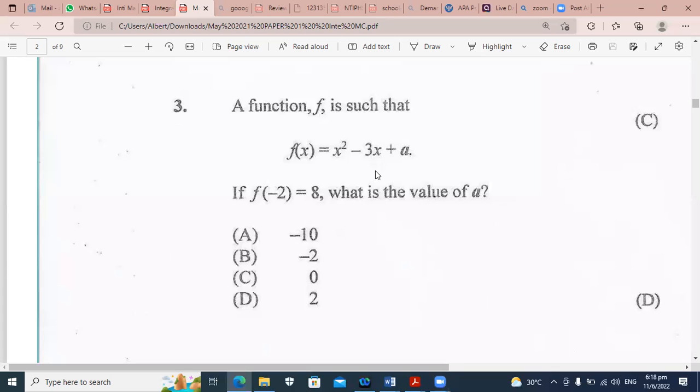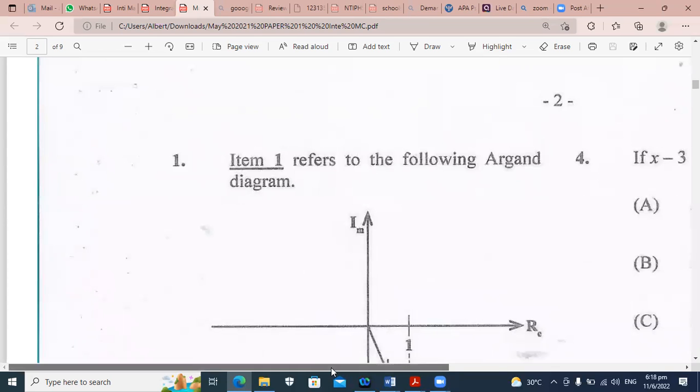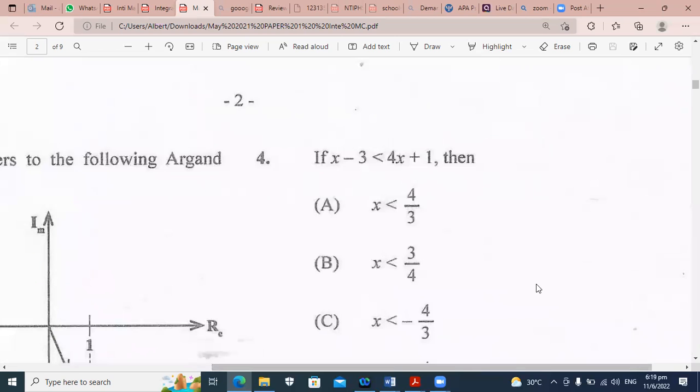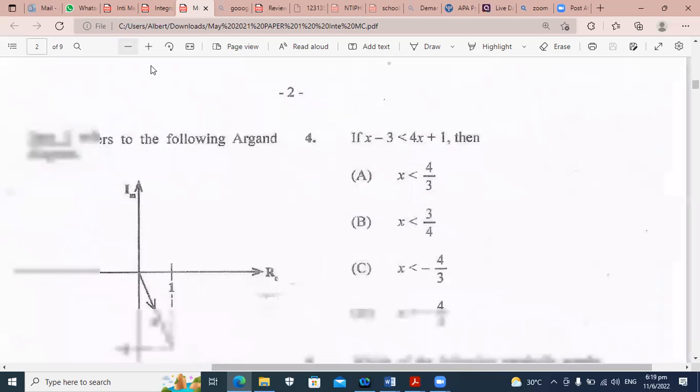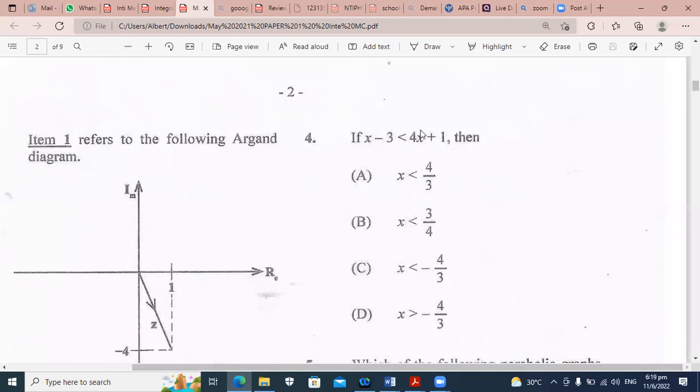All right, let's go on to number 4. So basically, this is an inequality. You treat it like a regular equation. It's just that sometimes these inequality signs have little small rules, right?